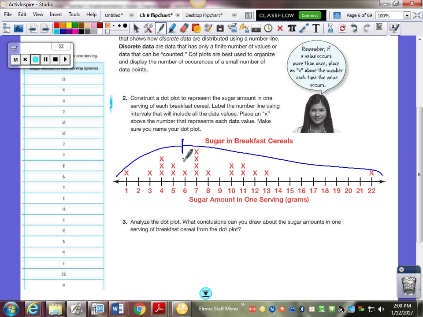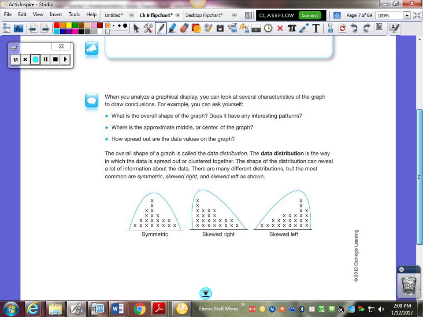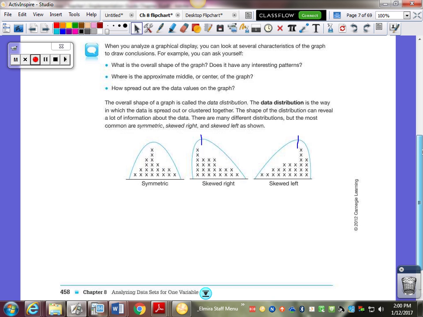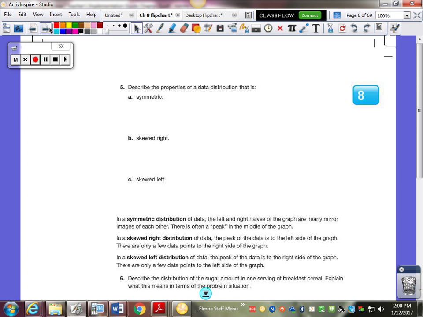This side of the hill is bigger. If this is the top, the left-hand side is longer. It's another way to try to wrap your head around skew left, skew right.